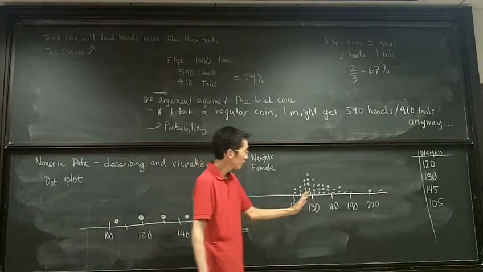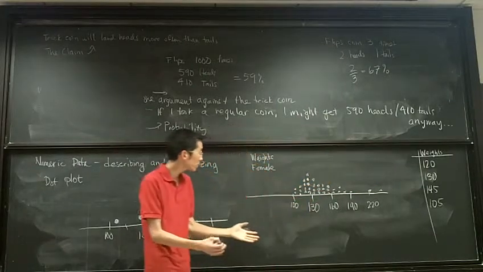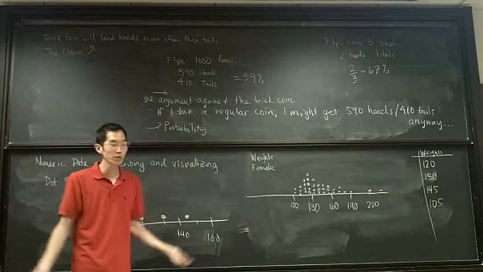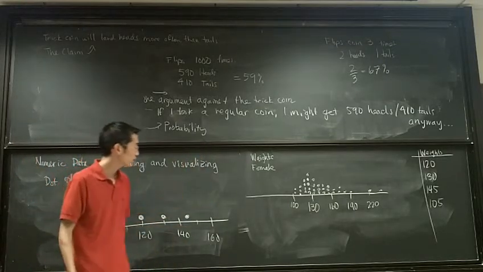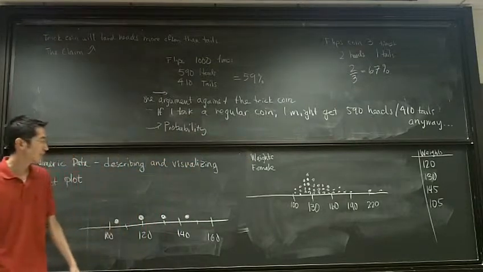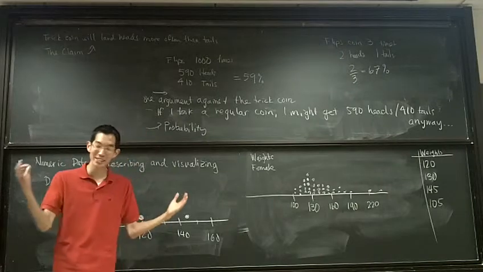And then, the further we go out, the higher and higher we go up, there's less and less, but there are people who weigh over 200 pounds, and that's, people are just built differently, and that's life. Okay, we celebrate the variation.